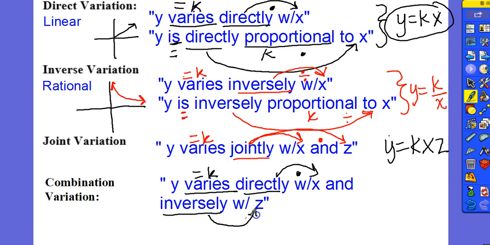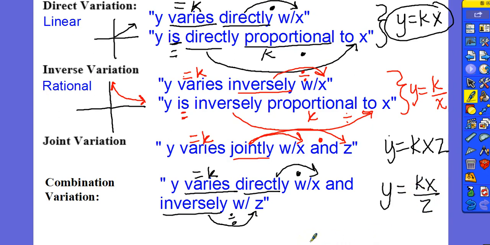Inversely with z, that's division. And so, what do you think that one's going to look like if you had to write that equation? Take a chance. Come on, I like risk takers. Y equals kx over z. You've got it.